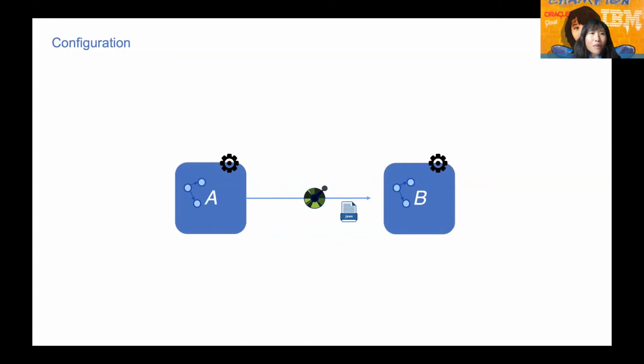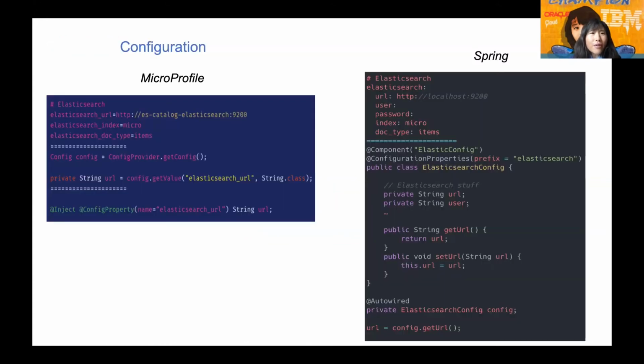A 12-factor app. So in MicroProfile, you use MicroProfile Config. Basically, you create the config sources. Here, you're just saying if you have an Elasticsearch URL, index, or doc type, etc., put it somewhere, for example in the microprofile-config.properties inside your application, or as an environment variable or system property, or anywhere.